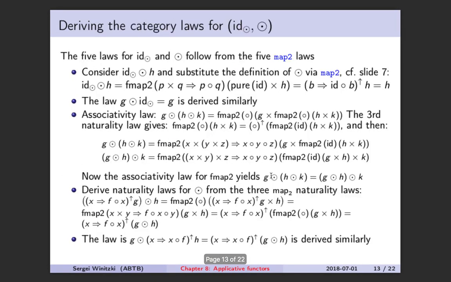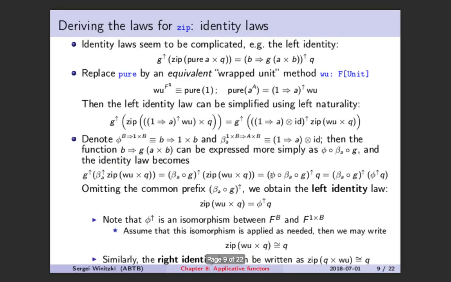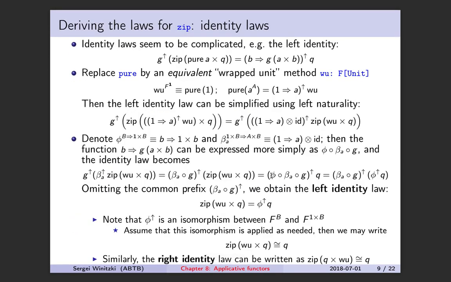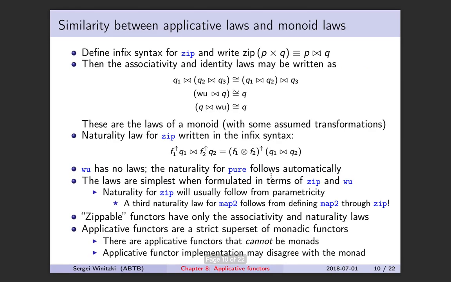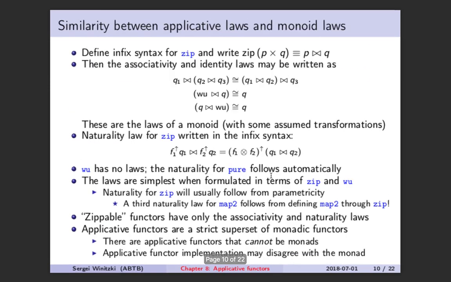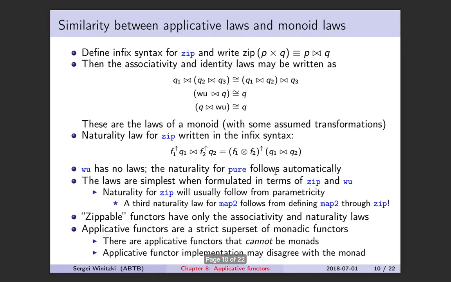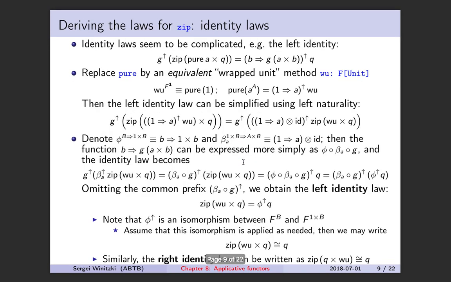Let's remind ourselves of the naturality law. See where that is. It's here. If we have a zip on which some function works on the argument, then we could pull this out, and we have a zip of those things without anything acting on it, but we can act on the result of zip by the product of functions.